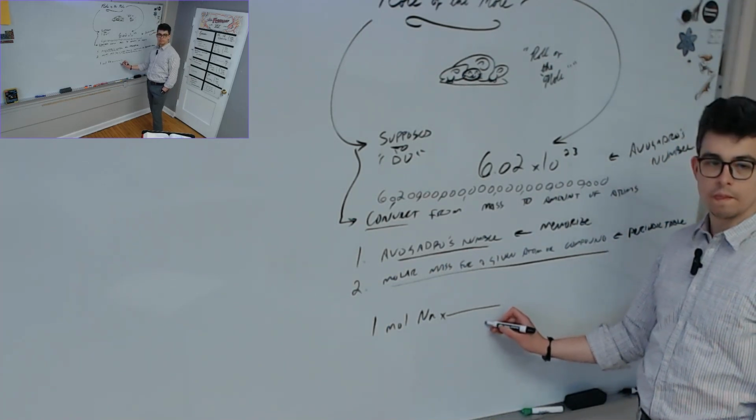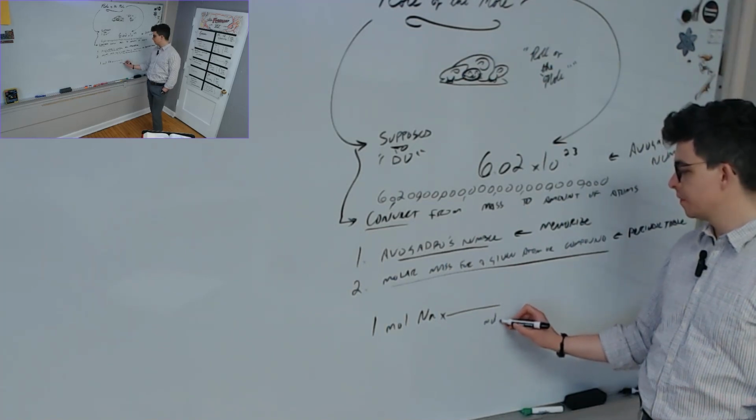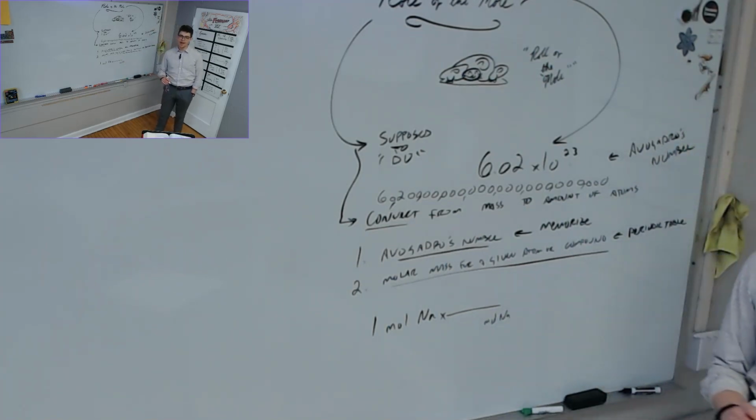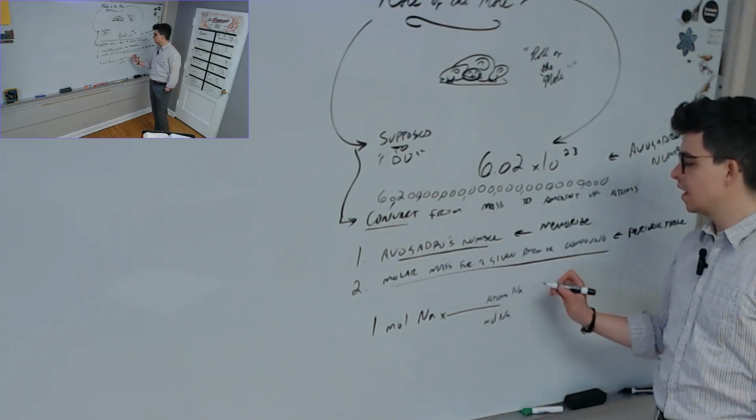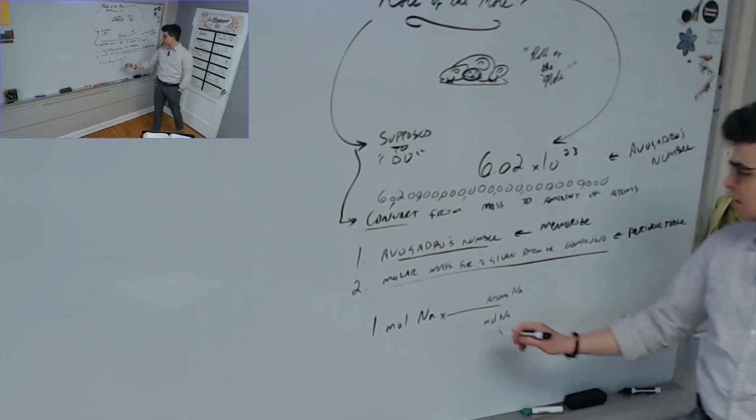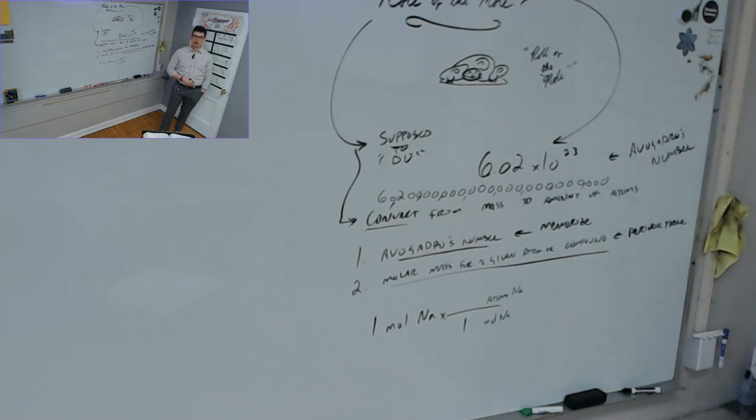What's the unit? Moles of what? Sodium. And if I want to find out how many atoms that is, I would then convert to atoms of sodium. And then I ask myself, in 1 mole of sodium, how many atoms of sodium are there? We do know.